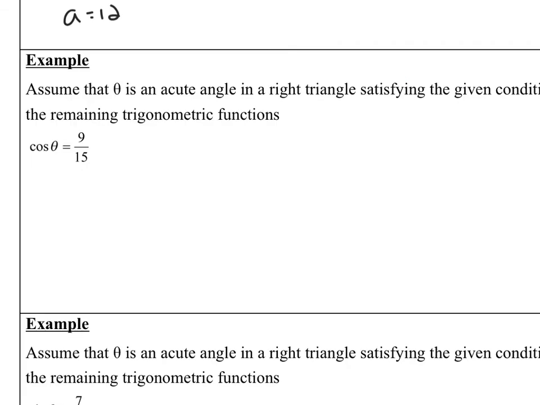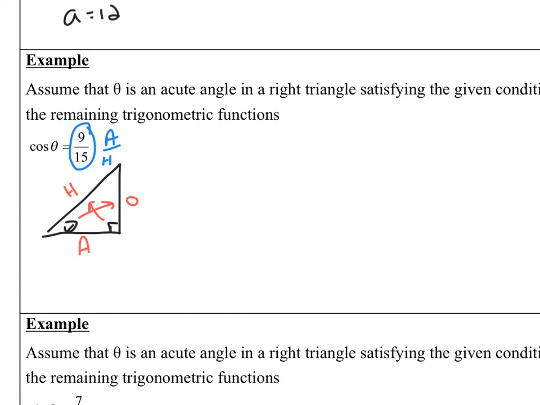All right, so these next two examples, they don't give me a right triangle, so I'm just going to draw a right triangle. And I can choose wherever to put my theta. I like putting it down here. Doesn't matter. And now what I'm going to do is label my H-O-A, and that is going to be the same no matter what I'm given at the start. So now I'm going to look, and what I'm given is cosine, which is adjacent over hypotenuse.